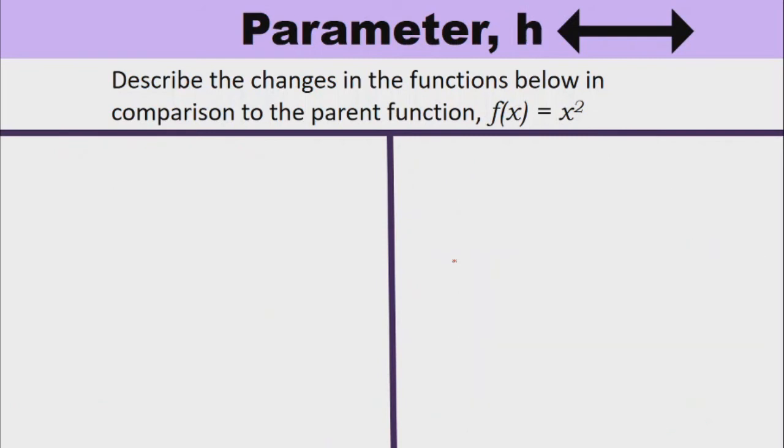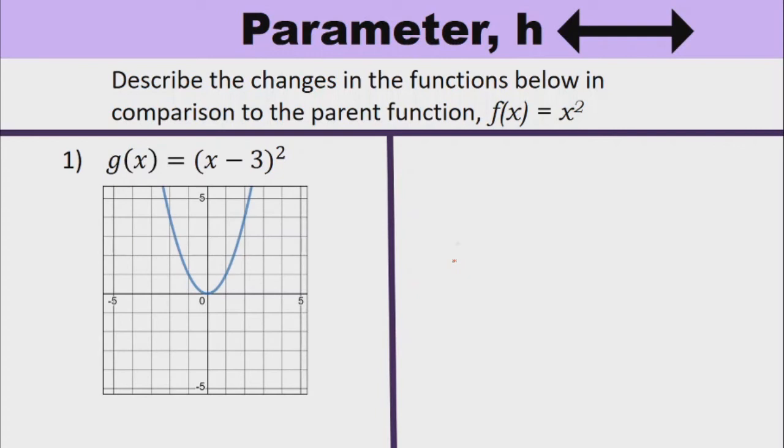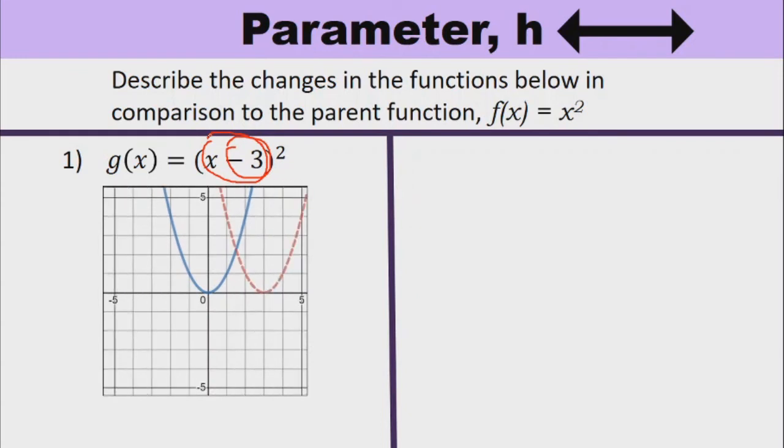Again, H moves the graph along the horizontal direction, to the left or to the right. I'm not going to waste time on this. You have the h inside the parentheses. In example 1, this is x minus 3, so we'll move it to the right by 3.